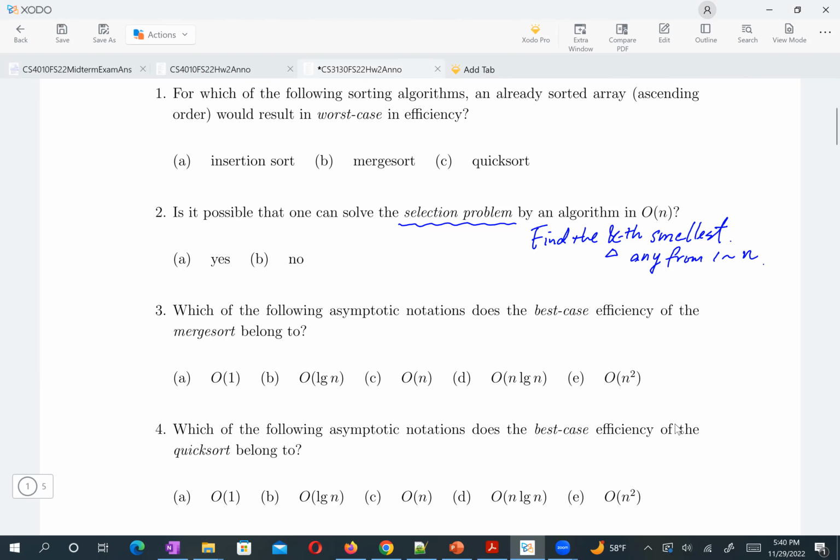So the conclusion is given. You only need to find the conclusion.